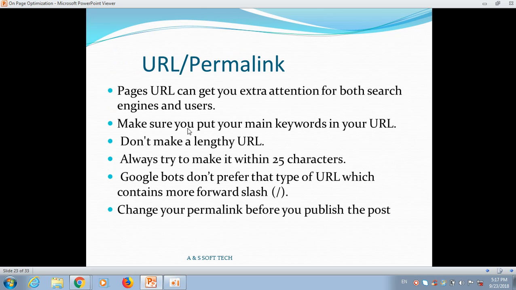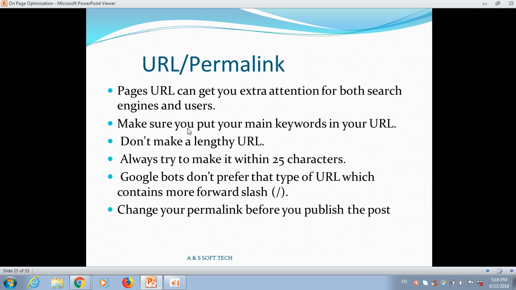So we have to give more attention to the URL. If a URL contains a keyword, that is very useful, because it is an SEO-friendly URL, and page URLs like these get you more attention from Google.